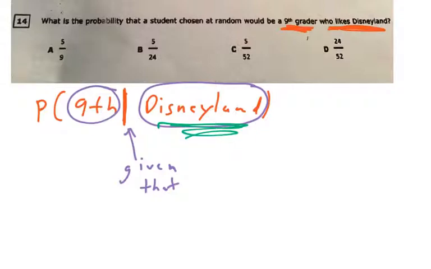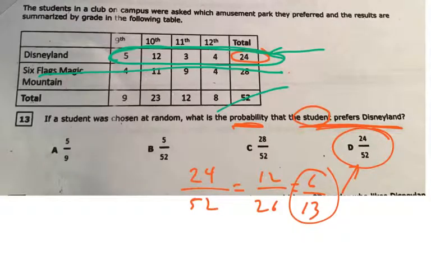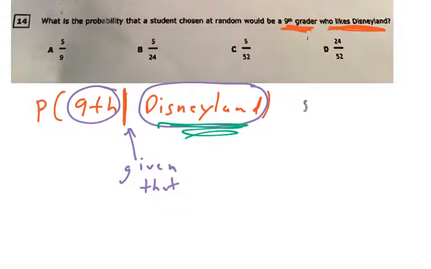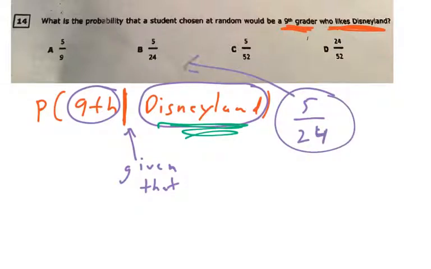We know they like Disneyland. So knowing that, how many are 9th graders? Do you agree there's 5 of them? So the answer is simply 5 out of 24 are 9th graders that like Disneyland. And so therefore, that's why the answer is B. All right, pause the video if you need to.